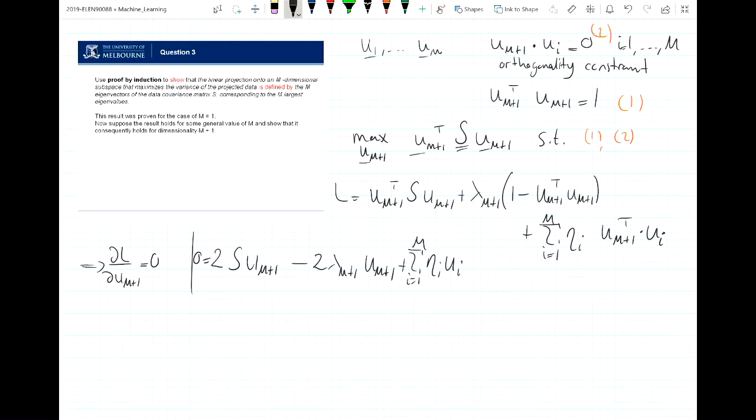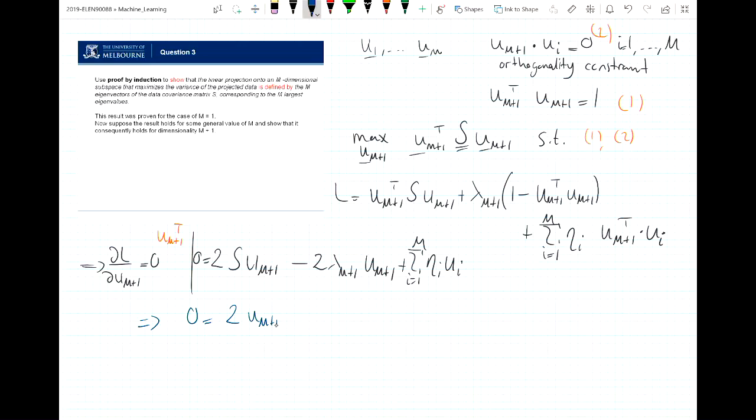So if I left multiply by um plus 1 transpose, then I get 0 equals, what do I get?